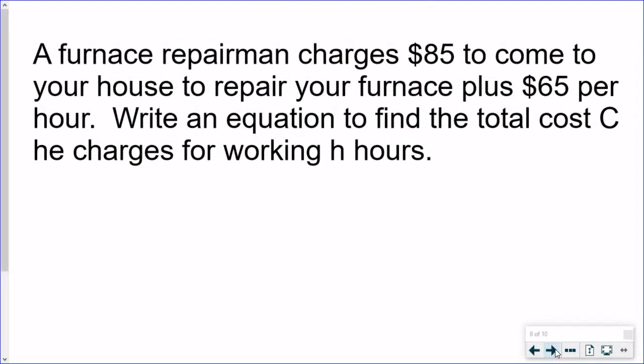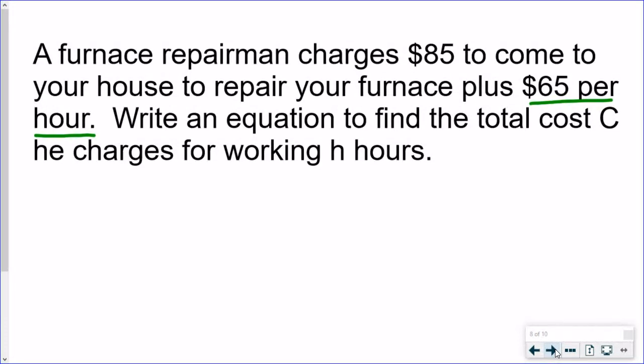Okay, let's try another one. A furnace repairman charges $85 to come to your house to repair your furnace, plus $65 per hour. So again, I see the word per. So the repairman charges $85 just to walk in the door, whether it takes him 5 minutes or 5 hours. Then he makes more money at $65 per hour.